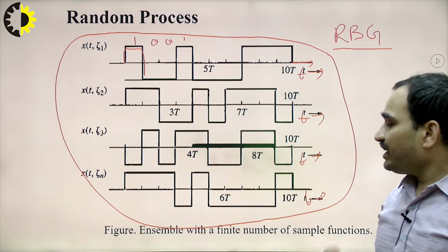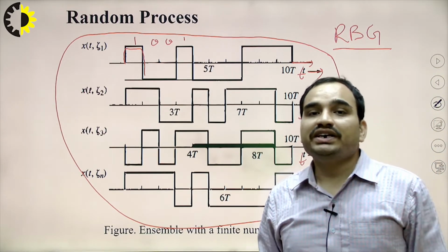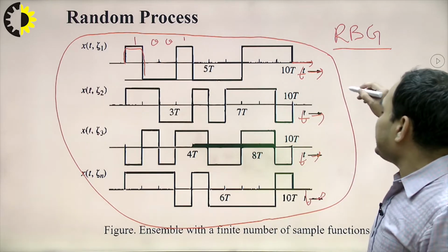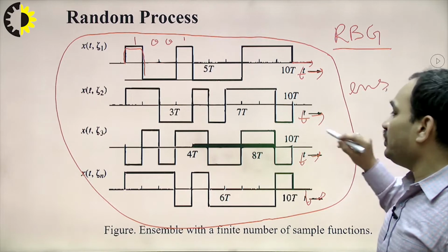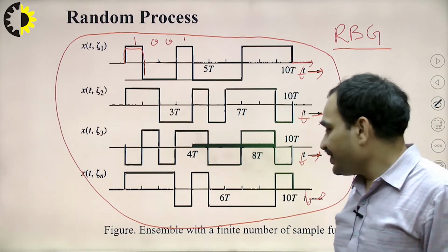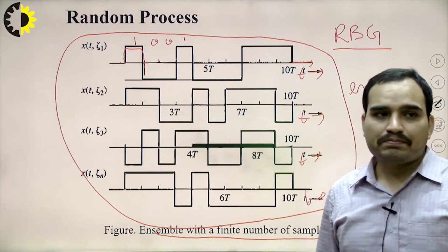So this is the collection of all the possible waveforms of a random binary generator. It generates the bits randomly, and this collection is known as an ensemble. Here we have considered only four possible waveforms, which is why it is written as an ensemble with a finite number of sample functions.